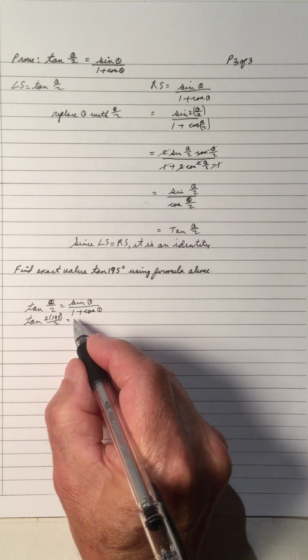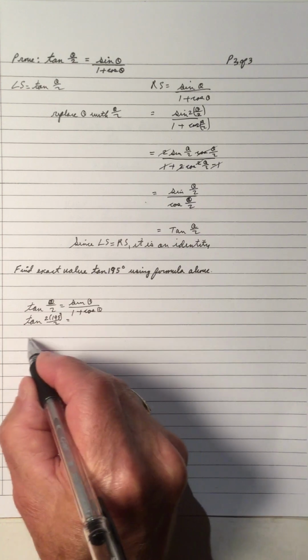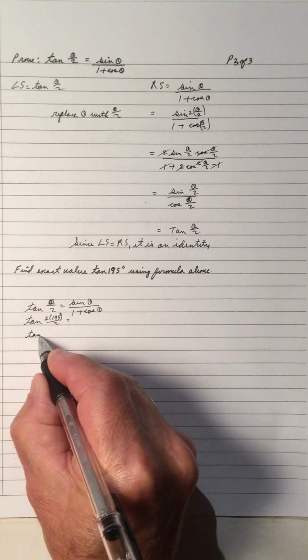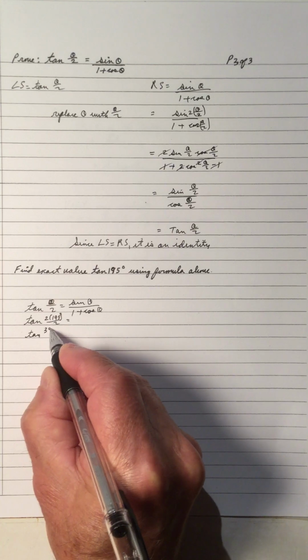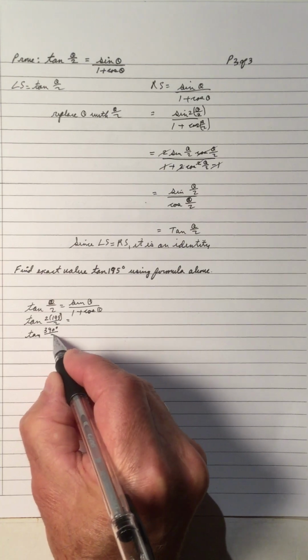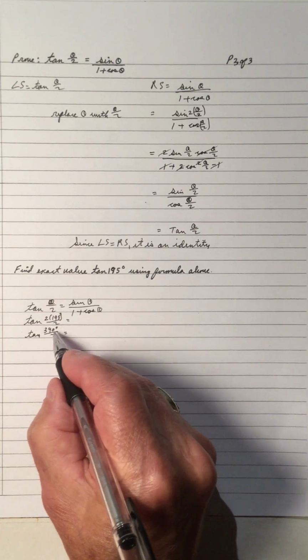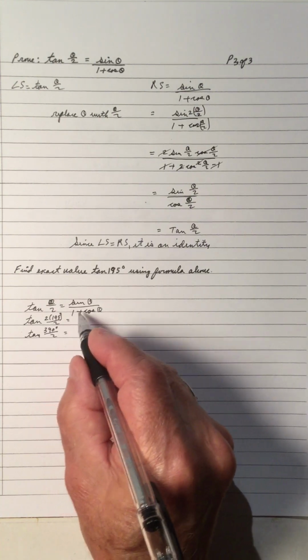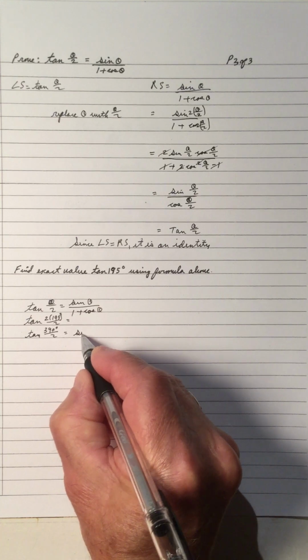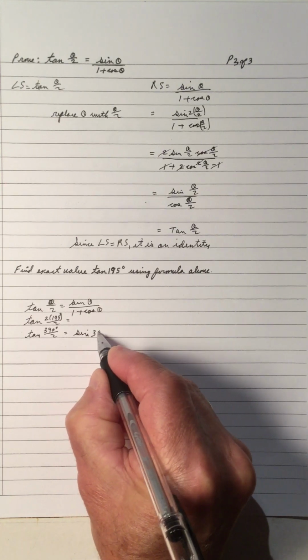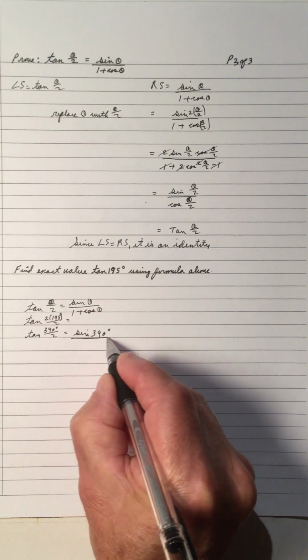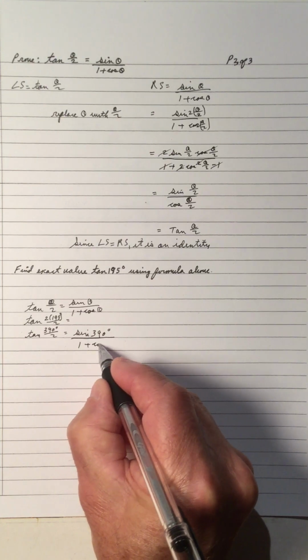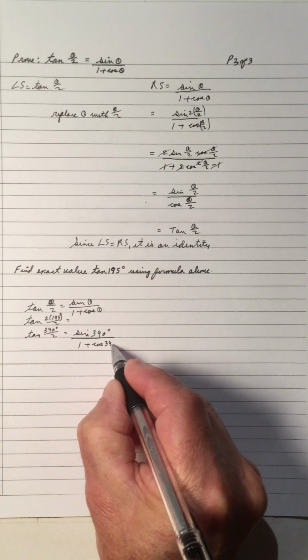And so that's the tan of 390 degrees over 2. So that means theta is 390, so that's the sine of 390 degrees over 1 plus the cos of 390 degrees.